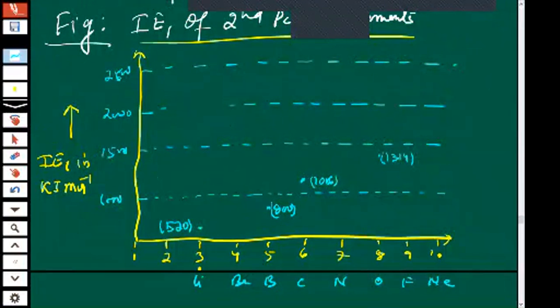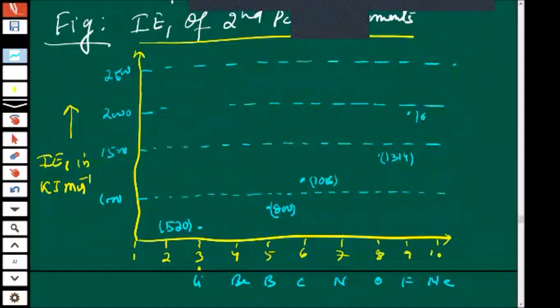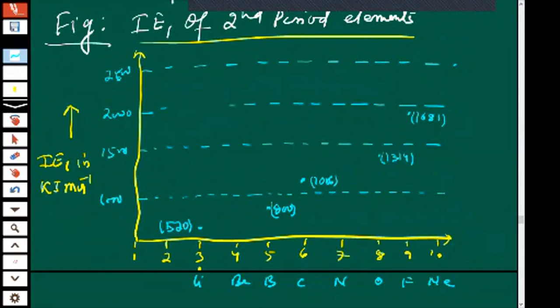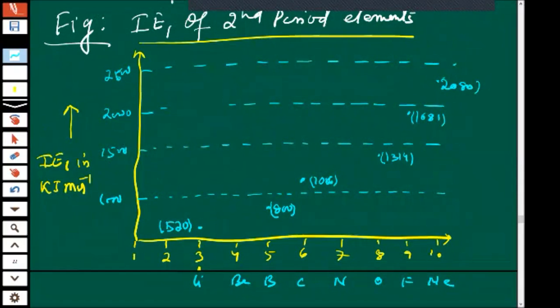For fluorine it is 1681 kilojoule per mole, and for neon it is 2080. These are the values.